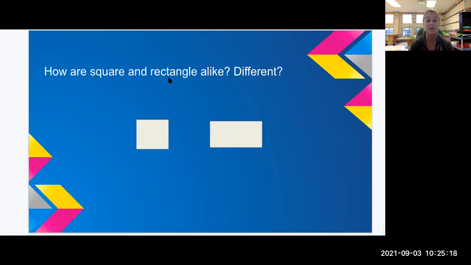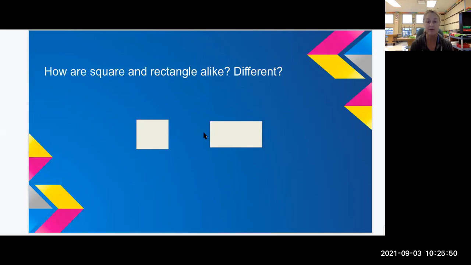So how are squares and rectangles alike? And then also, how are they different? They both have 4 sides. So 1, 2, 3, 4, 1, 2, 3, 4. They both have 4 corners, 1, 2, 3, 4. And they both have straight lines, no curves. The differences are, this square has all 4 sides that are equal in length.